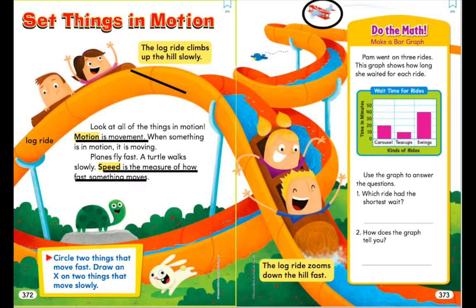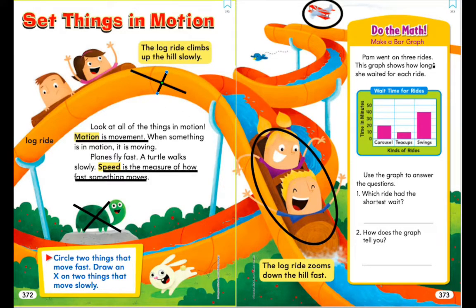So let's circle this because of the log. Log is actually wood. That's why they're going really fast. And two things that are slow are the turtle and the slide.